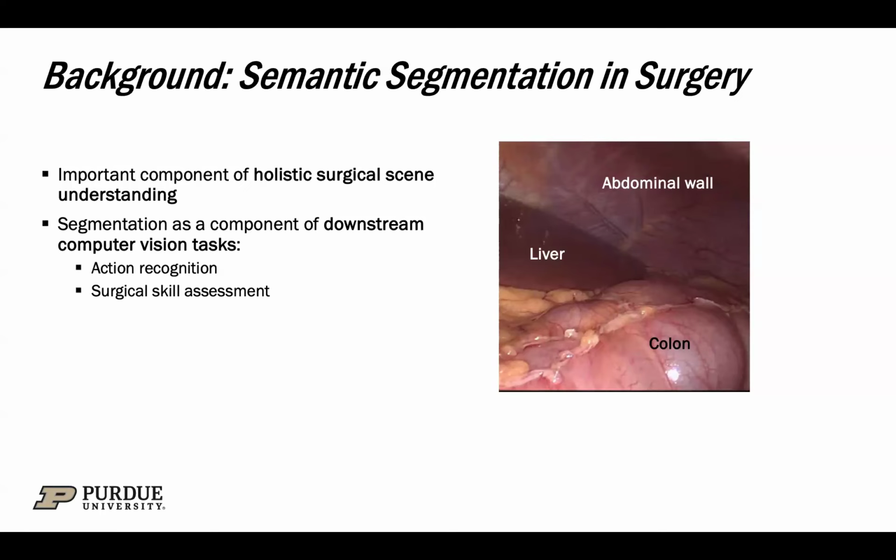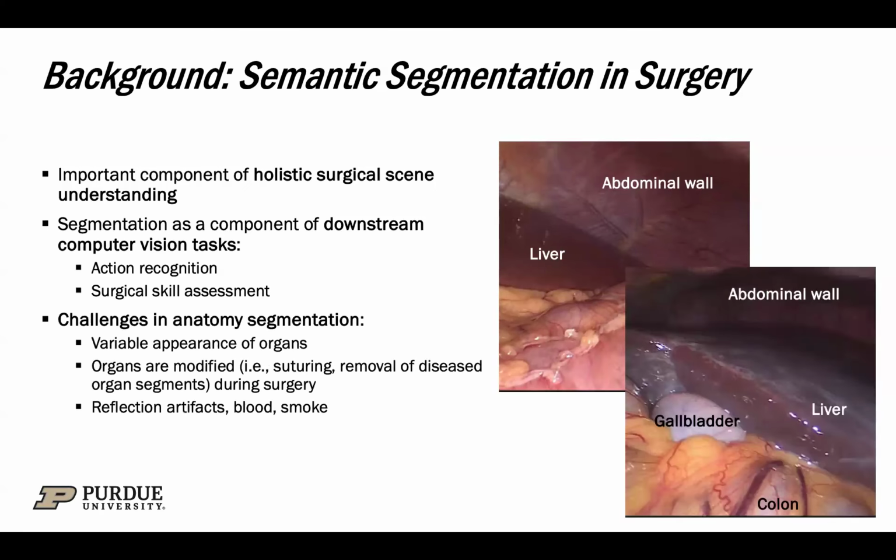But sometimes when we are collecting the data set, we will face some challenges. For example, if we are taking pictures of the organ from different angles or from different patients, the appearance of the organ, even for the same organ, varies. And if we are doing a surgery and we are recording the whole process, we will notice that the shape of the organs is modified through different operations, such as suturing and removal of diseased organ segments.